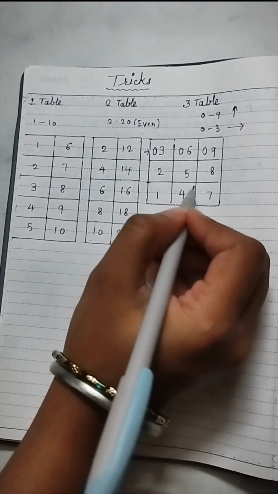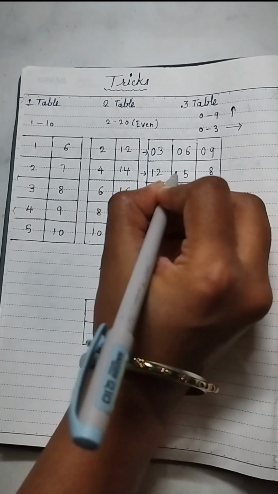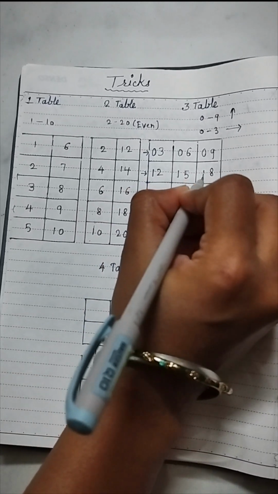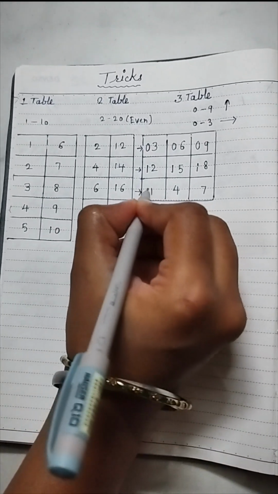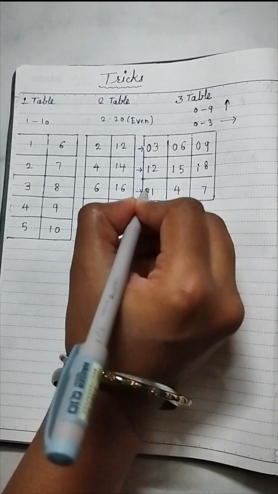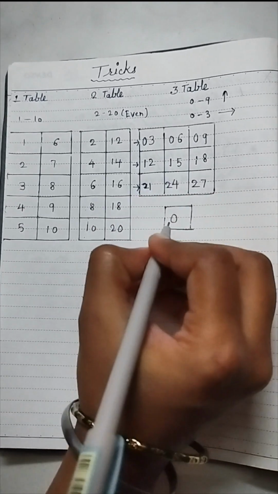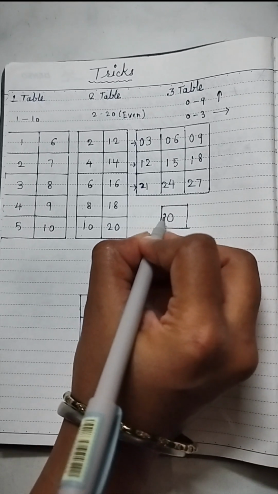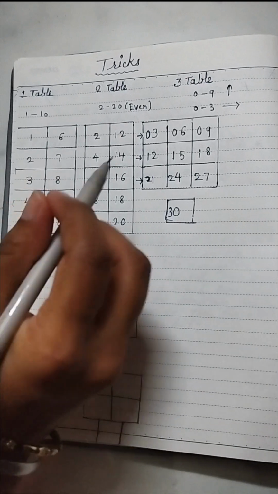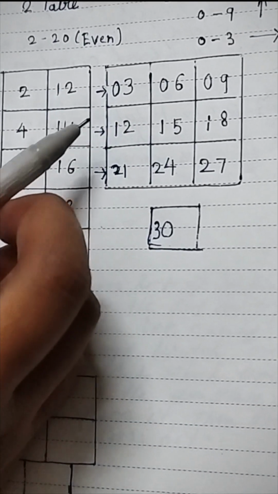Now in the second row you have to write 1, 1, 1 and 1. After that in the third row you have to write 2, 2, 2, 2 and here last you have to write 3.